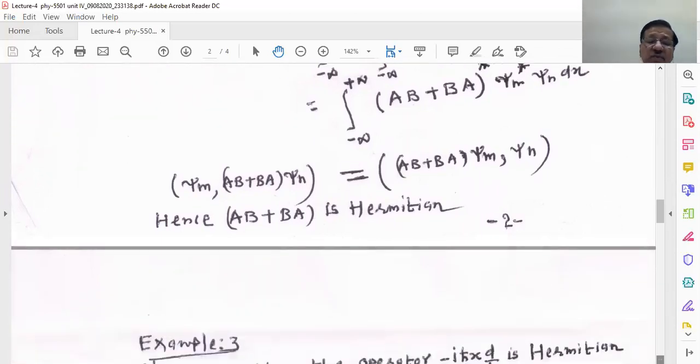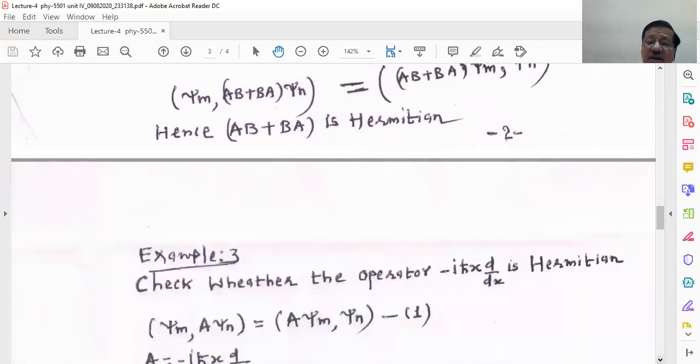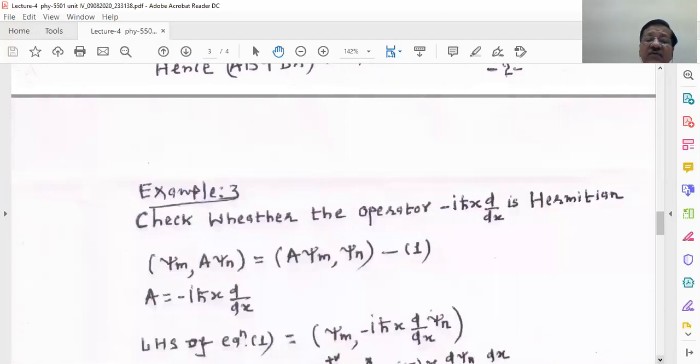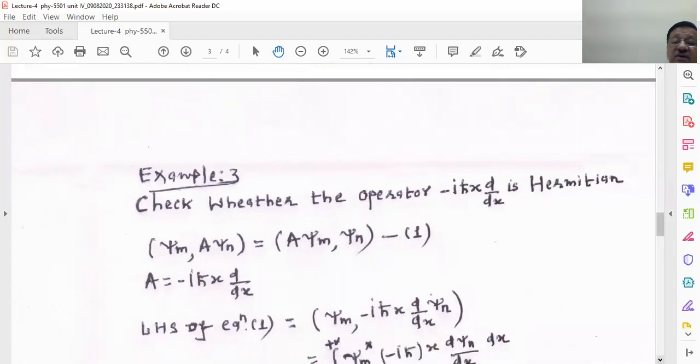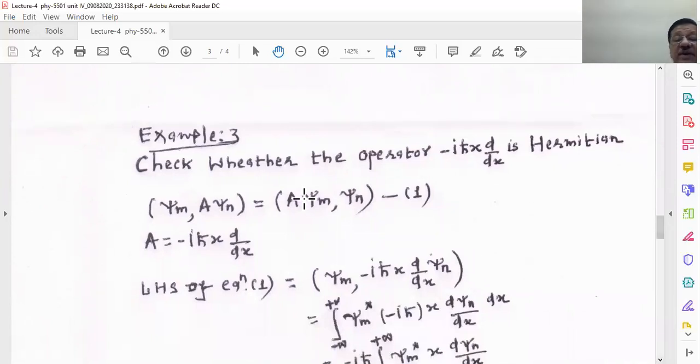Now let us go to example number three, and we would like to verify whether the operator which I wrote here, minus iħ x d/dx, is Hermitian. We want to check whether it is Hermitian or not. So I write down the condition for a Hermitian operator.